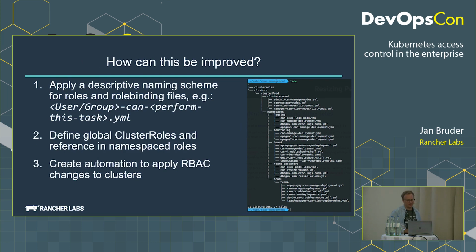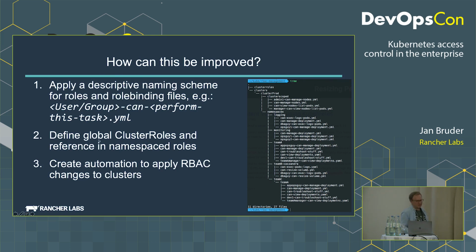So there are some best practices that you can use if you do this kind of manual RBAC management. One is you can enforce a naming scheme for your files, so that you don't need to look at the content to know what these policies do. So you can do something like "user can" and then the task that this role grants the user.